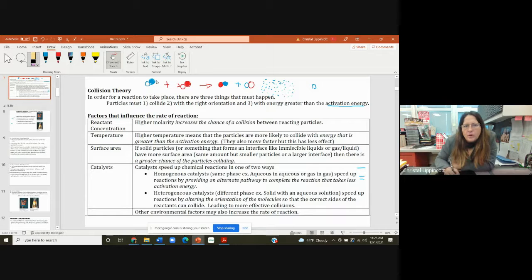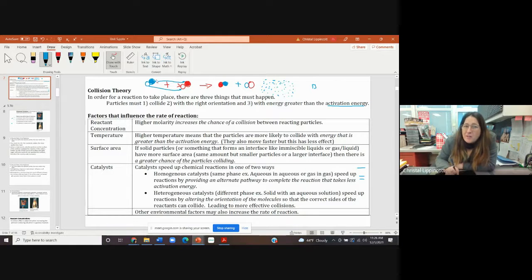We have to hit the right way so that this is lined up, so that when this hits, this blue hits the red and this guy hits this guy right here to form these. Okay. So it's kind of like you've got to make sure that you hit it the right way to make that happen.